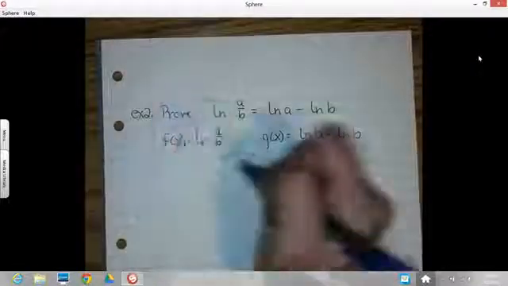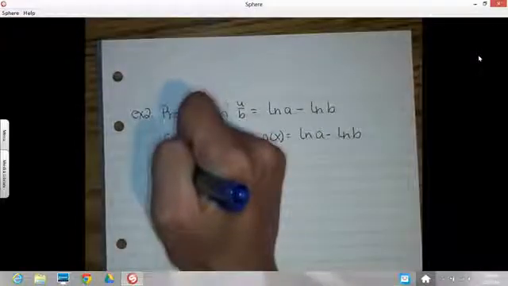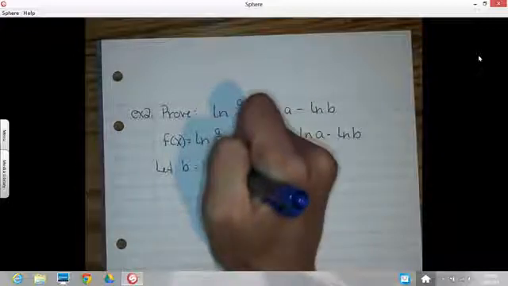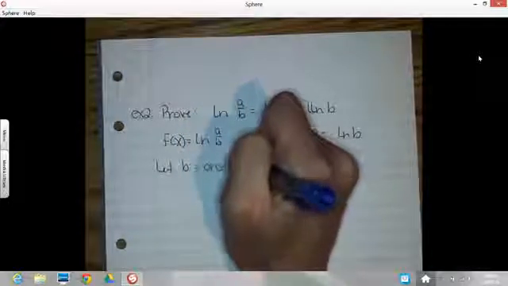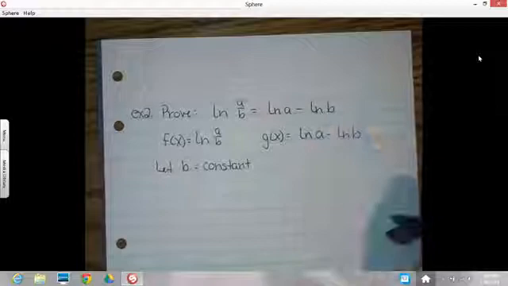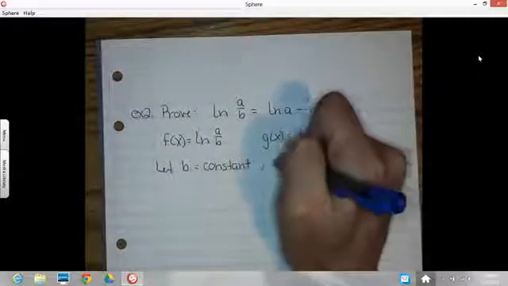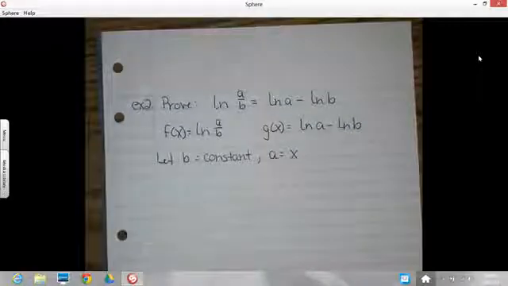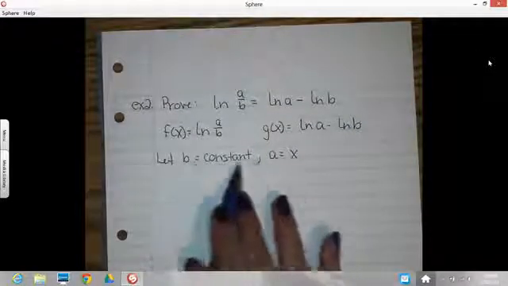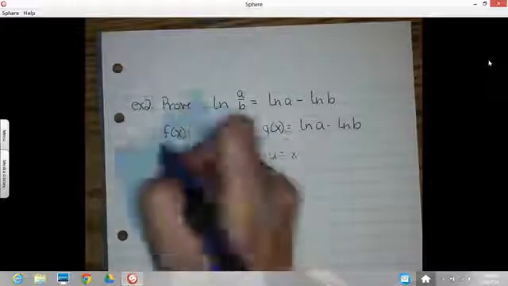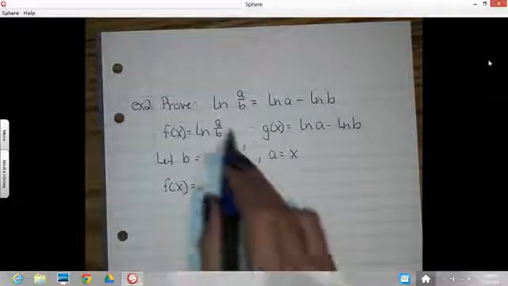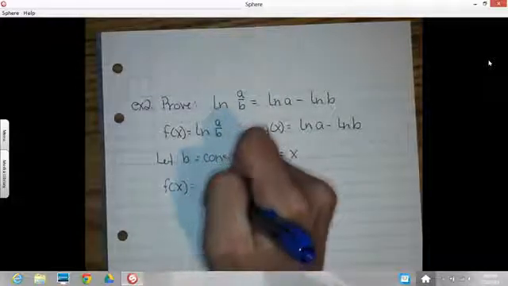So now we do the same thing as before. We let b be a constant. So treat it as a number. Pretend it's a 2 as you're doing the problem, but don't write it as a 2. And we will let a equal our variable x. So then we'll have functions in terms of x. So technically I should be doing this first and then breaking those apart. So my real function f of x, a is the x, so I've got natural log of x over b, where b is the constant.